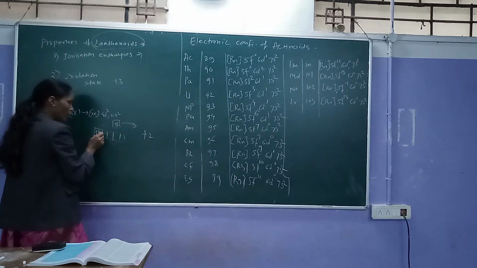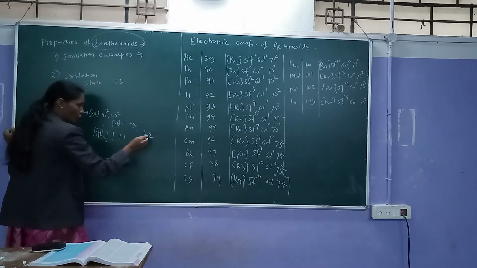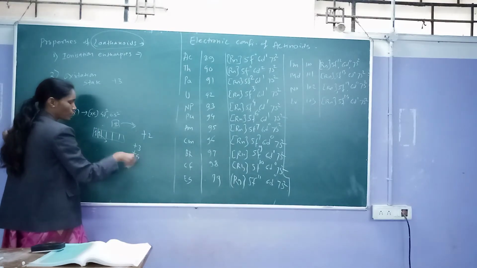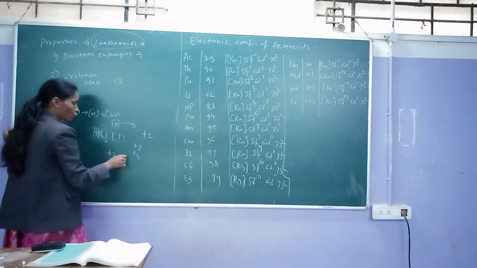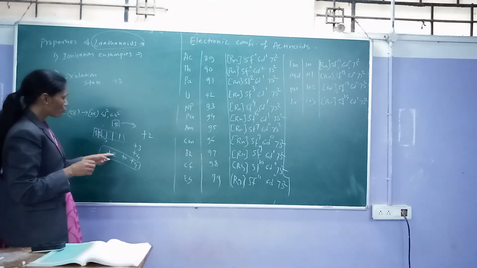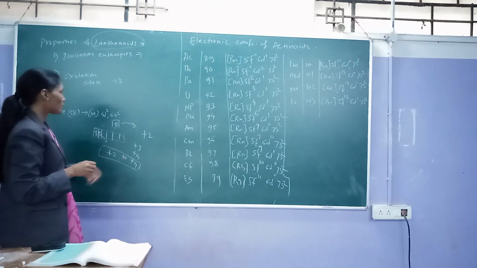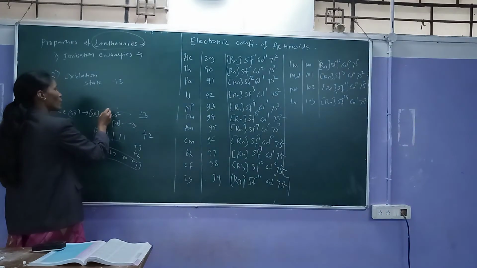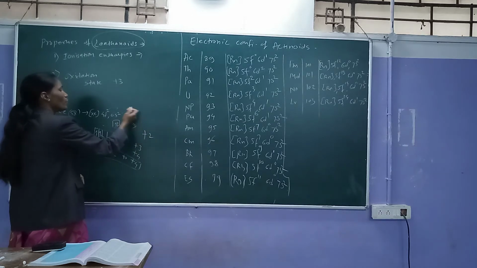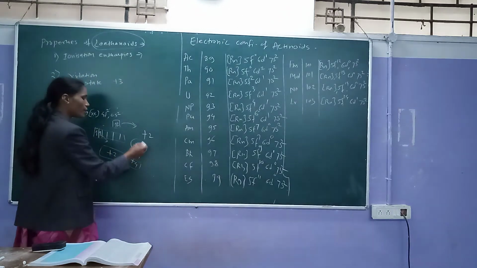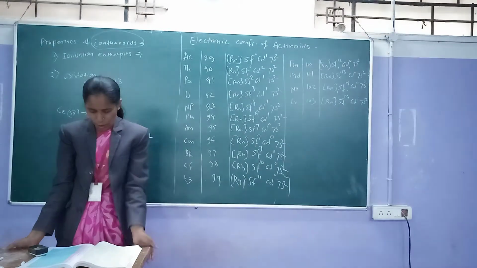Then a single electron is released from 4f, giving +3, and again another single electron, giving +4. So some lanthanoids show +2 to +4 oxidation states, from which +3 is common, and all lanthanoids show the +3 oxidation state.